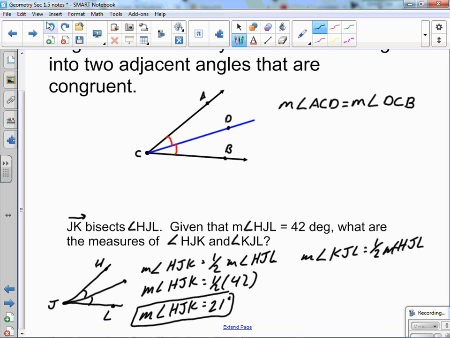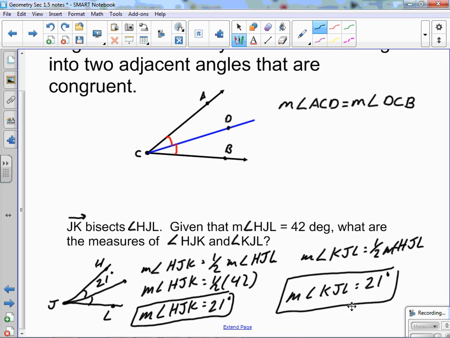And since KJL is also half of HJL, measure of angle KJL is equal to 21 degrees as well. All right. So if we add those two together, they should equal the full measure of angle HJL, which is 42 degrees.